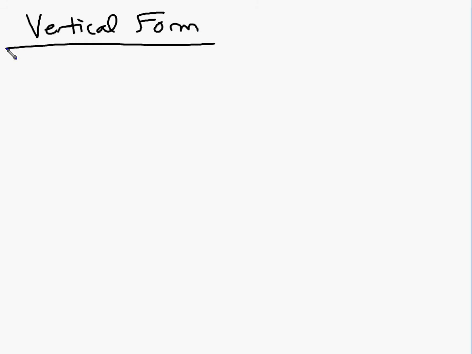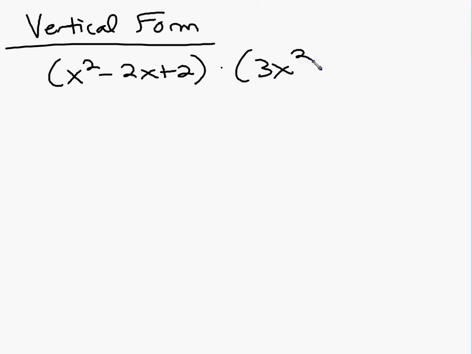What if you have to multiply something in vertical form? Vertical form is when I have something like this: x squared minus 2x plus 2 times 3x squared plus 5x minus 8. I cannot use FOIL here.